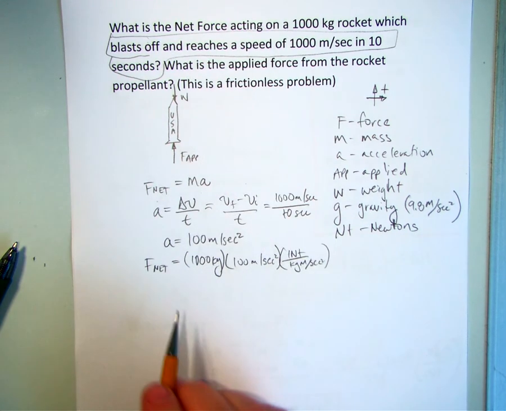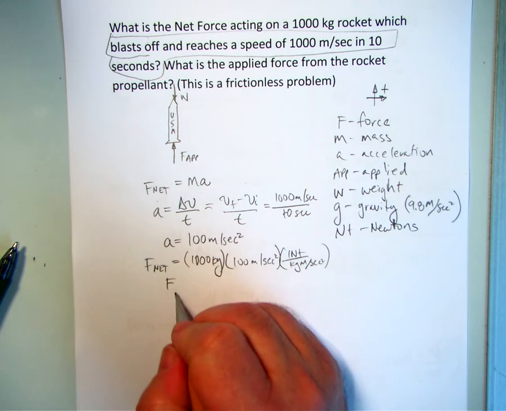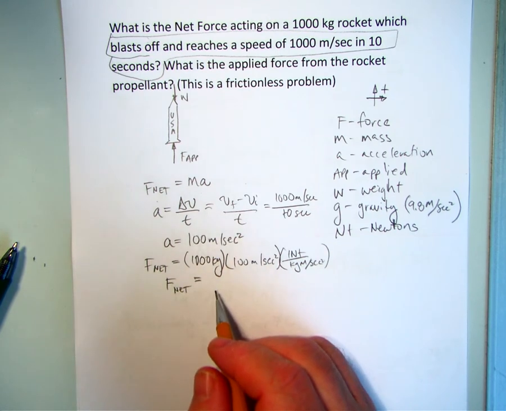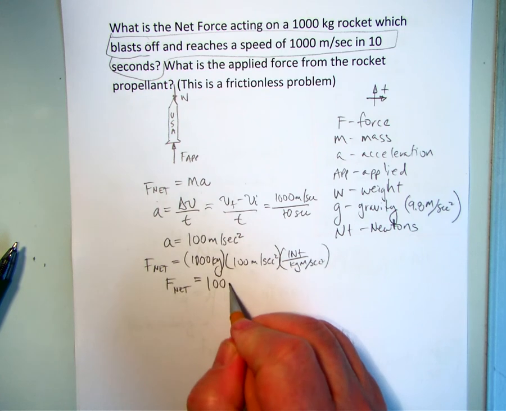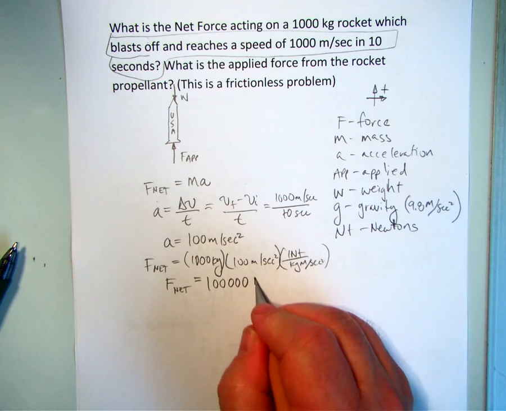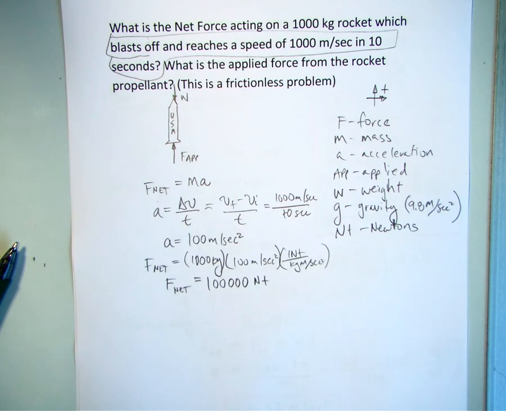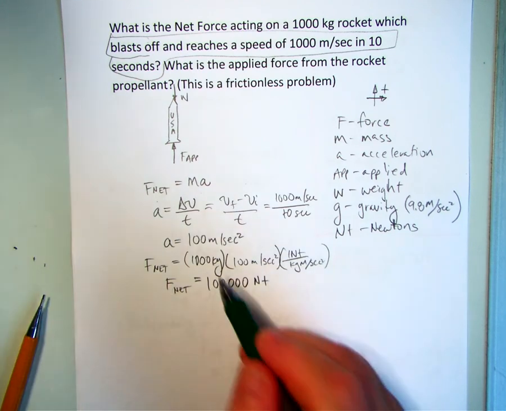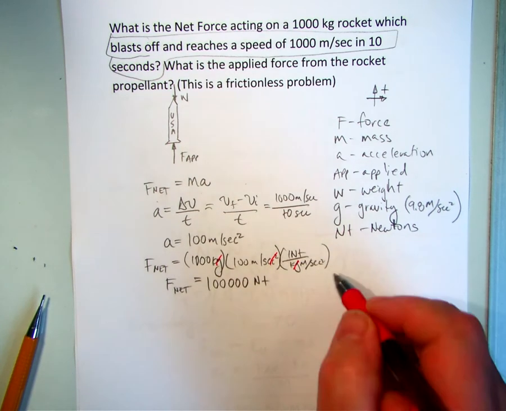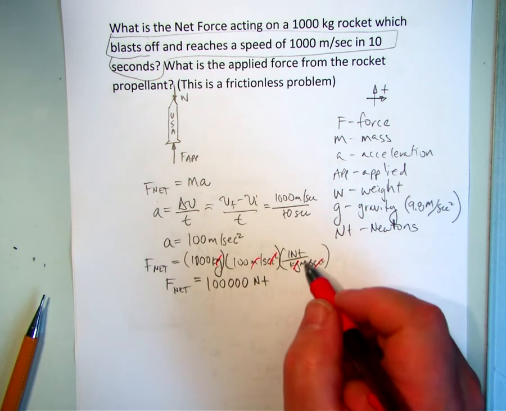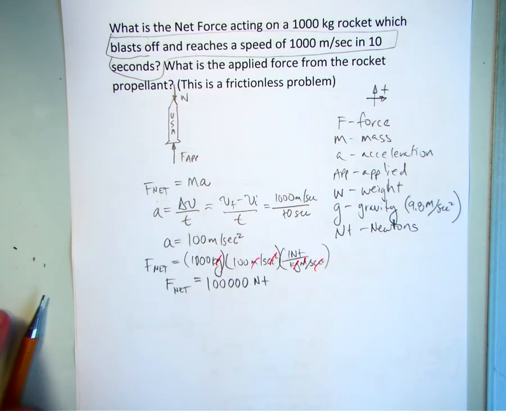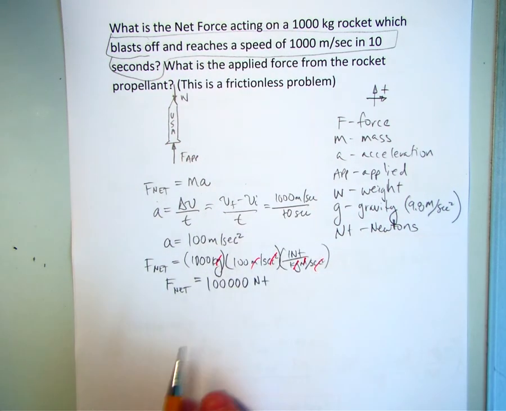And we're going to have a net force of 100,000 newtons. See, the kilogram, second squared, meters cancel, leaving your newtons, 100,000 newtons. What does that tell us?